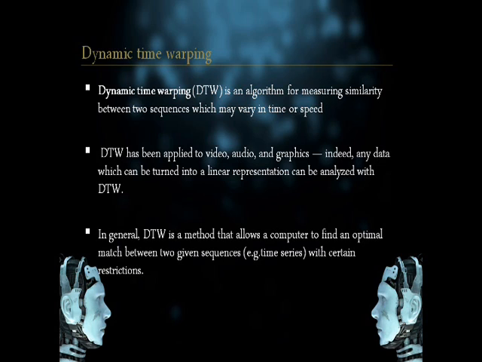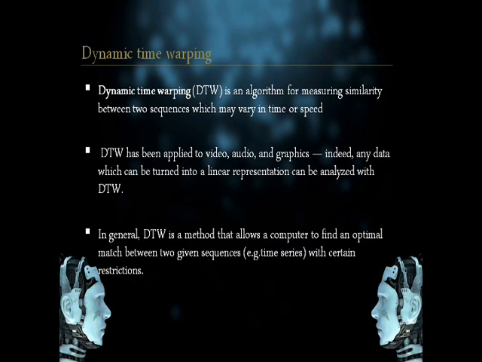Dynamic time warping has been applied to video, audio, and graphics. Indeed, any data which can be turned into a linear representation can be analyzed with dynamic time warping. A well-known application has been automatic speech recognition to cope with different speaking speeds.